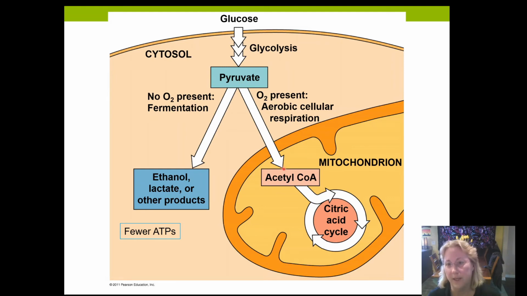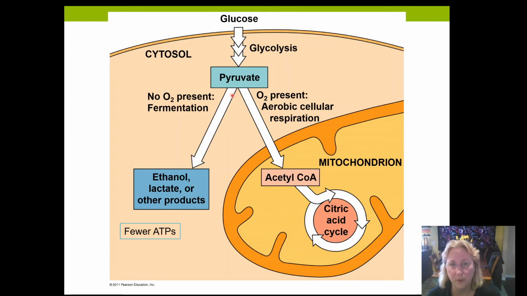If it goes into the mitochondria and continues for oxidative respiration, we're going to get a lot more ATP. But if there's not enough oxygen present, or if it's an organism like yeast that would still prefer to ferment even if there's oxygen around, then we have fermentation, which produces far fewer ATPs but generates energy without using oxygen.